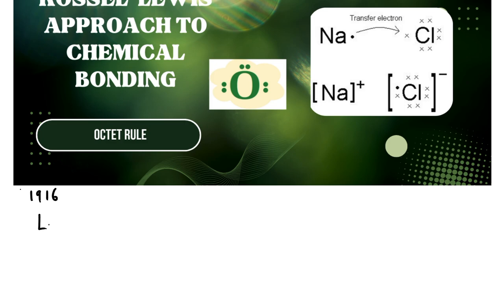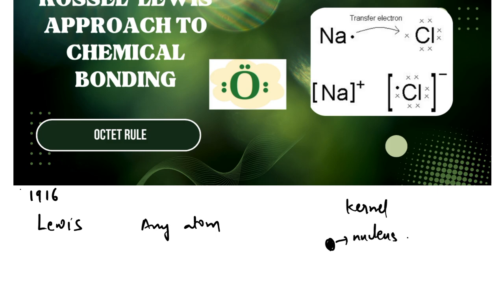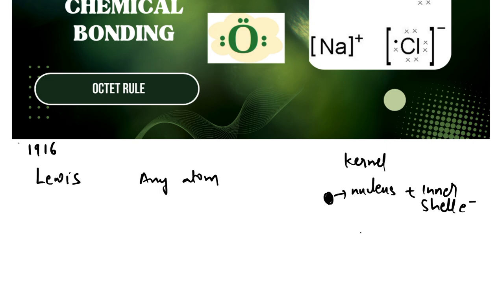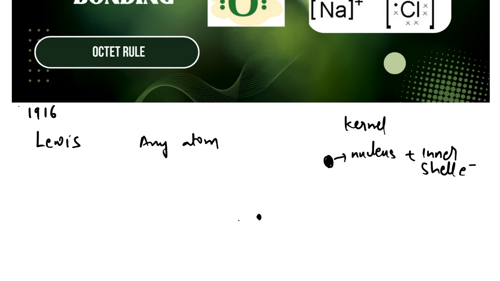What Lewis considered is that any atom can be represented as a kernel. This is a kernel, and it consists of the nucleus and the inner shell electrons. I'm drawing it here, this is a kernel, and he considered that there is a cube around it.